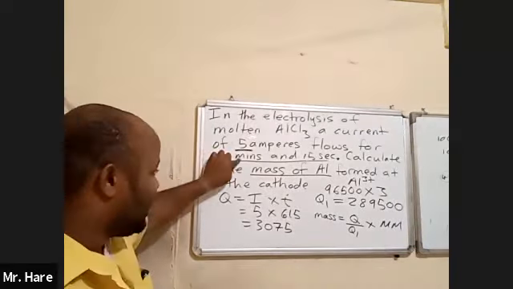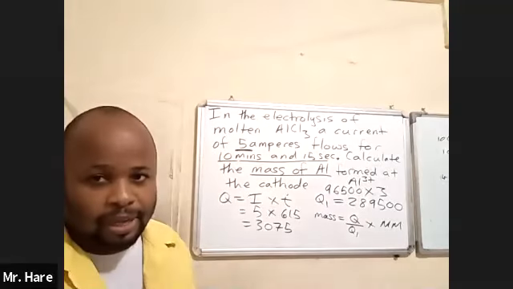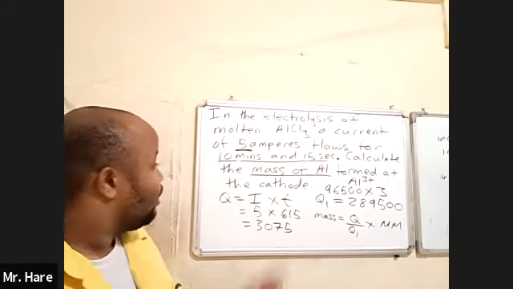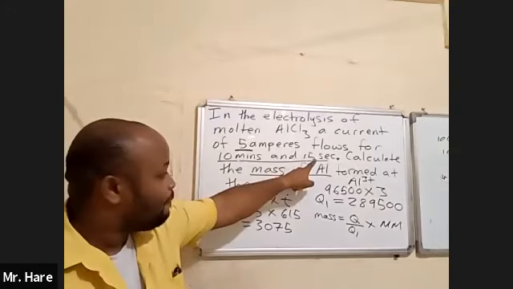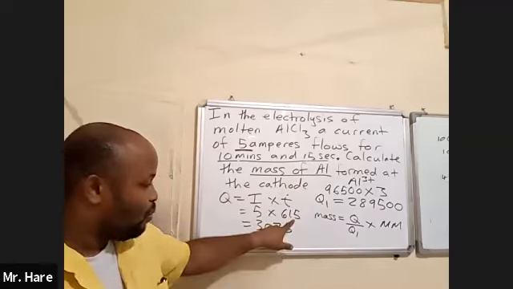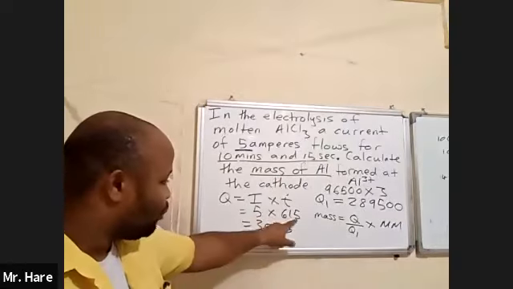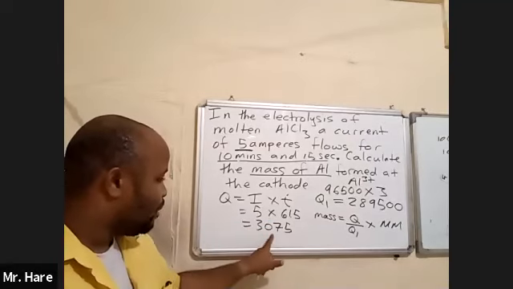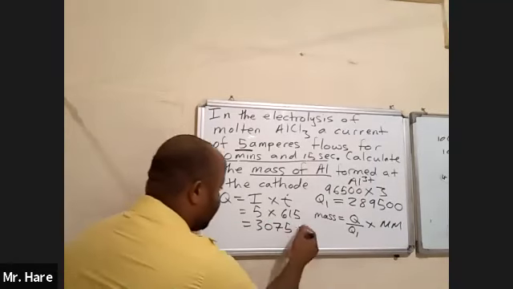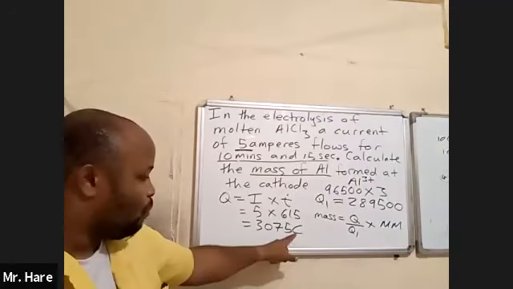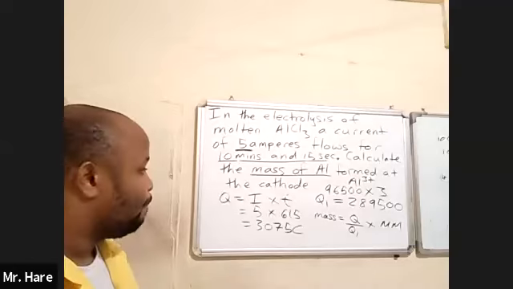So 10 minutes, we convert it to seconds: 10 times 60, that's 600, plus the next 15 seconds, that's how we get the 615. So 5 times 615 gives you 3,075 coulombs. The unit for the quantity of charge is coulomb, symbol C.